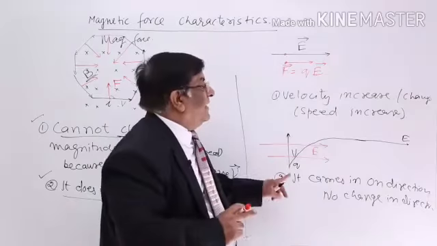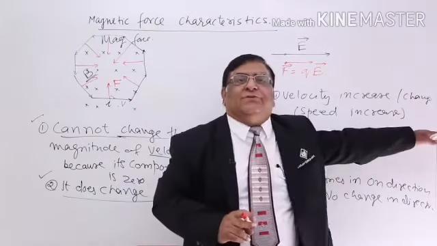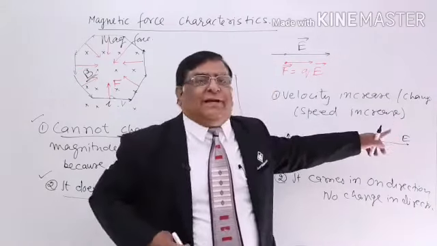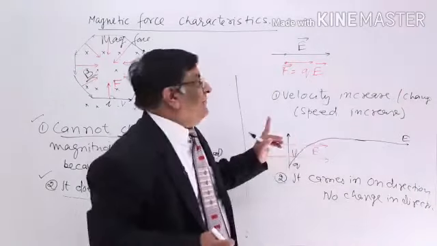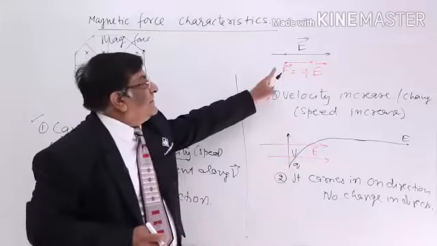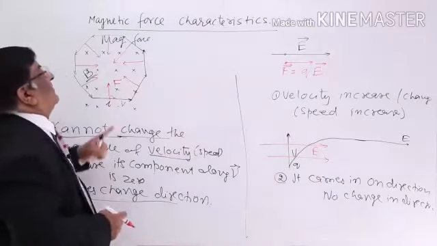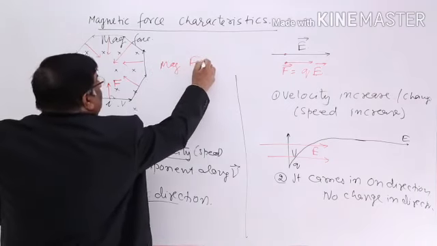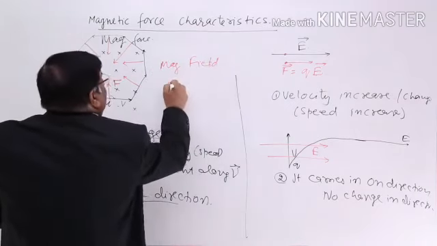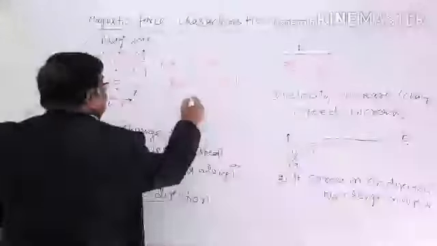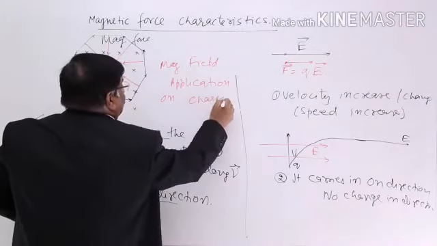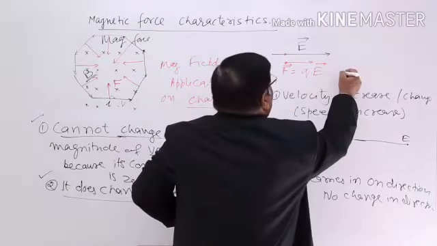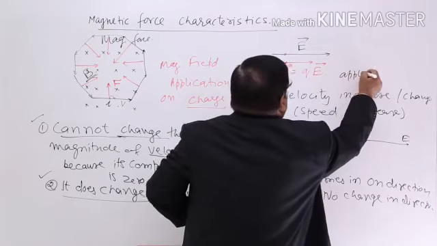While the electric field always tries to make it unidirectional, the charge will move on in the direction of the electric field. This is the difference of electric field application and magnetic field application. So, this is magnetic field application on charge. Both will be acting on charge. This is electric field application on charge.